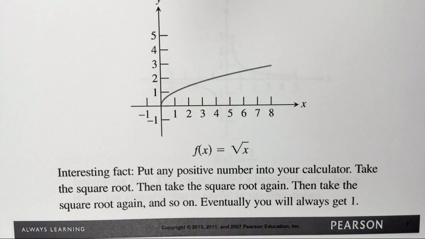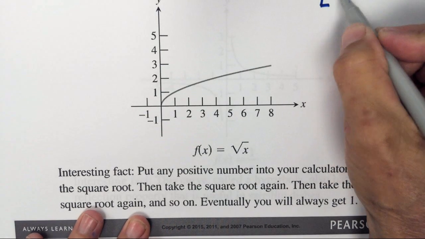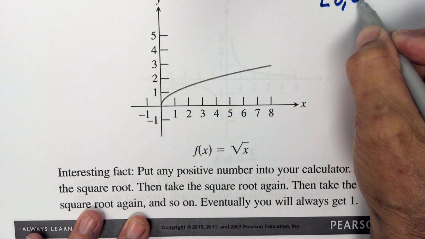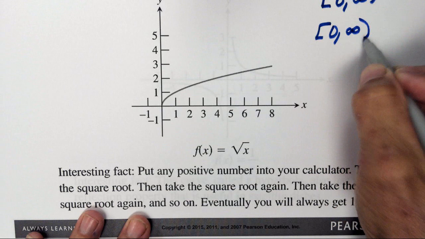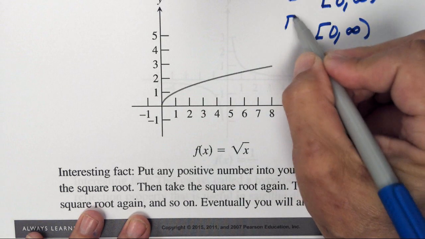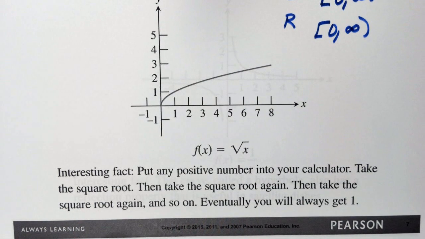Square root has a restriction on the domain and the range, agreed? Yes. So, what's my domain? Greater than or equal to 0. What is my range? Greater than or equal to 0. Now, carefully think about how you answer my question. Can I take the square root of negative 2?